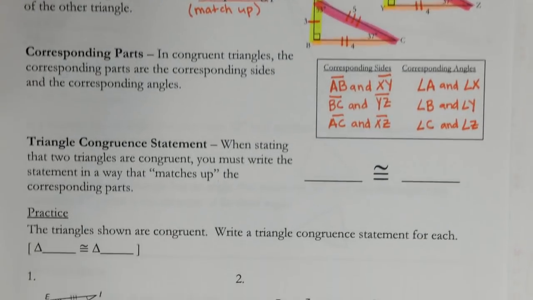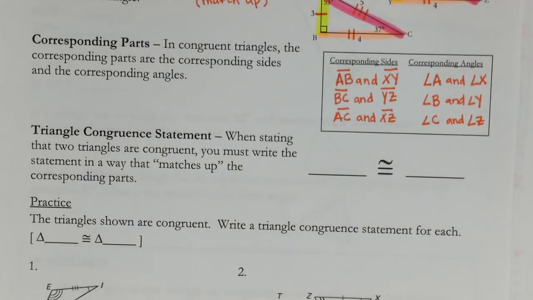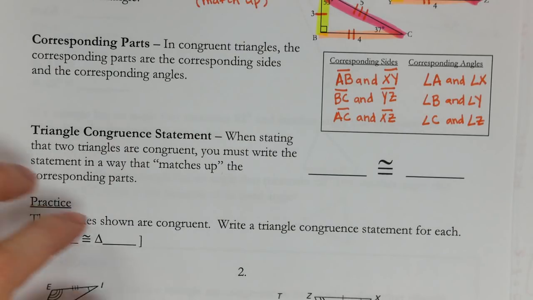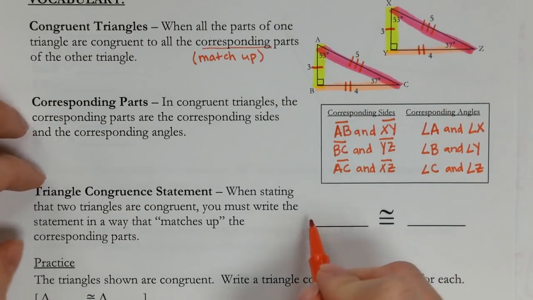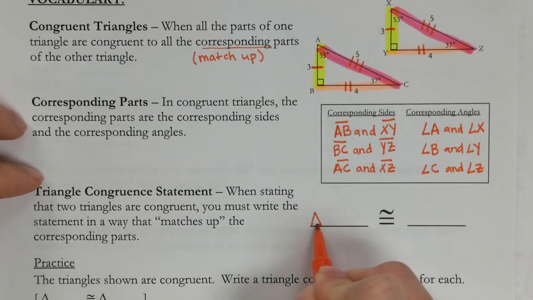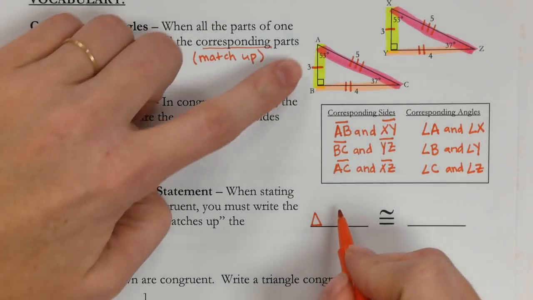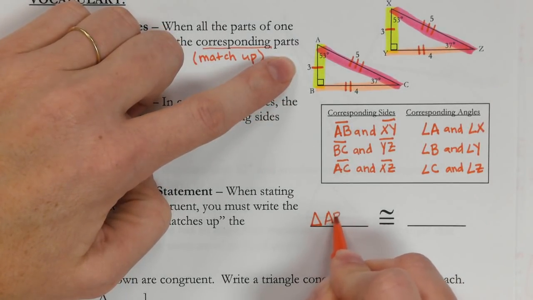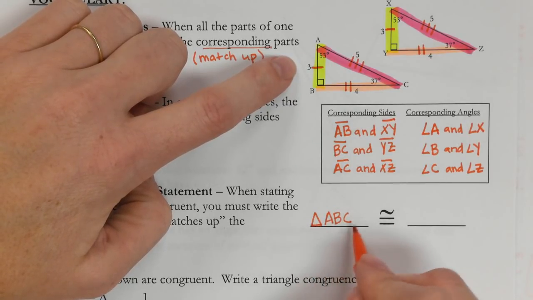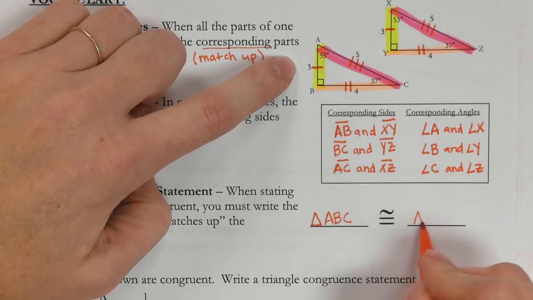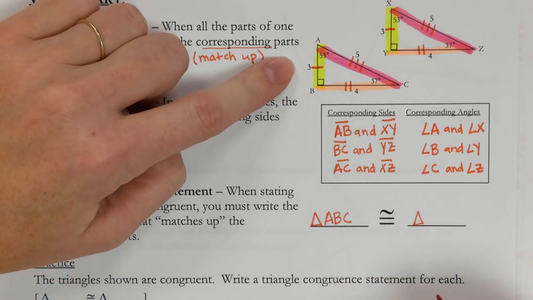Then if I write a triangle congruence statement, you're going to write a statement, so it's almost like a math sentence that matches up the corresponding parts. So when I'm looking at my picture, it's really important. The first triangle, you can name it pretty much any way you want. So I'm going to call it triangle ABC, because it's in alphabetical order. But then, once I name this triangle, the second triangle has to match the same order.